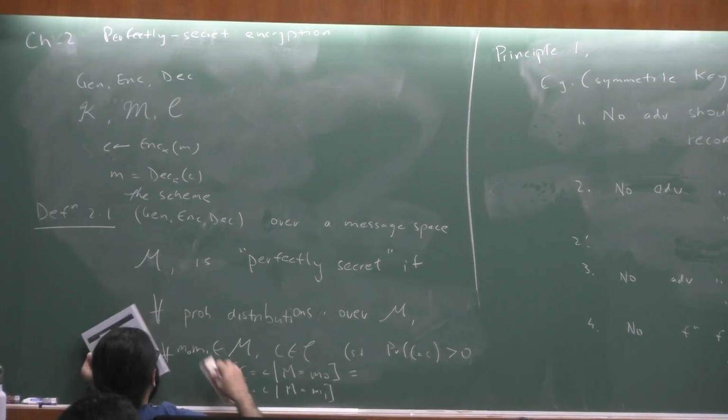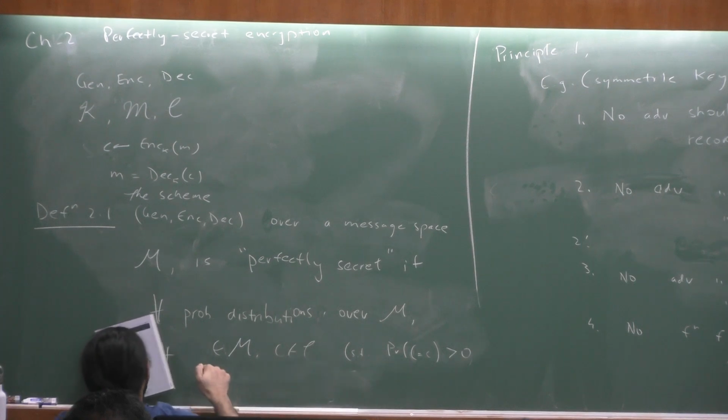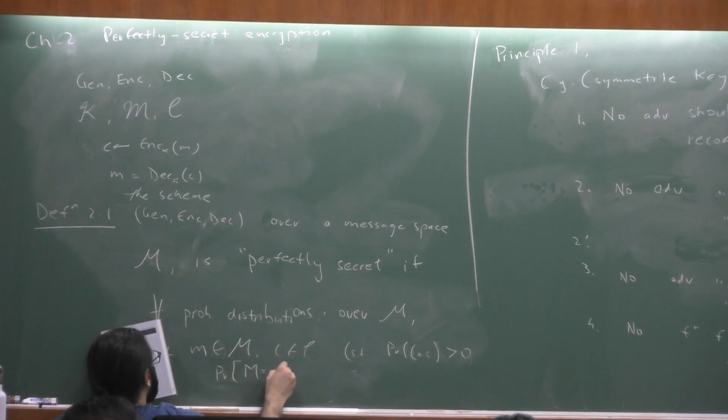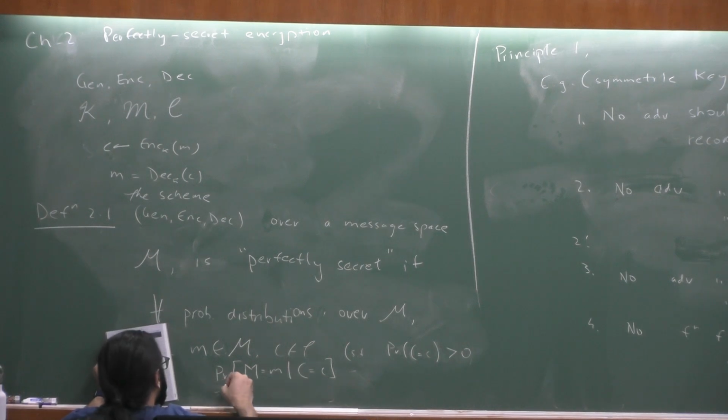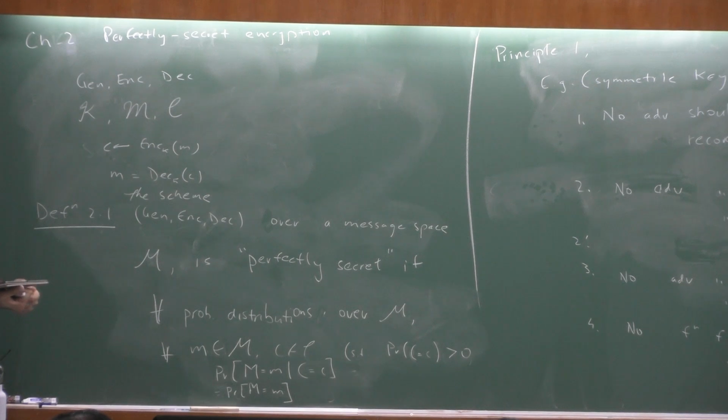Sorry, I mixed two definitions. Forgive me, I was correct. We want the first one, which is that the message M should not depend on the ciphertext. So the probability of the message given the ciphertext is the same as the probability that the message capital M was little m. What is this capturing?